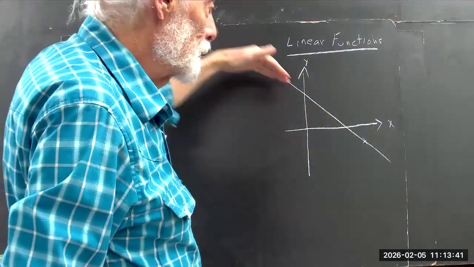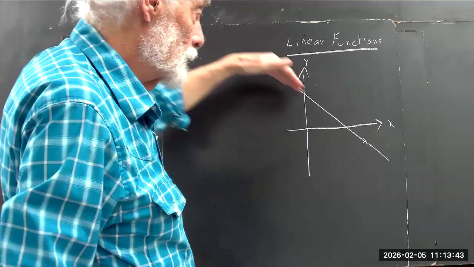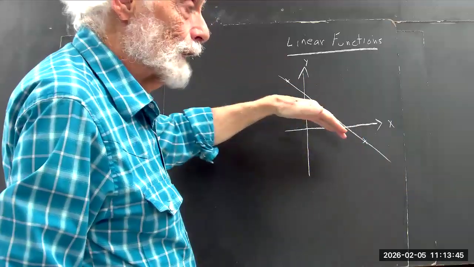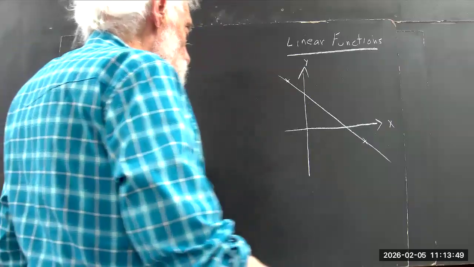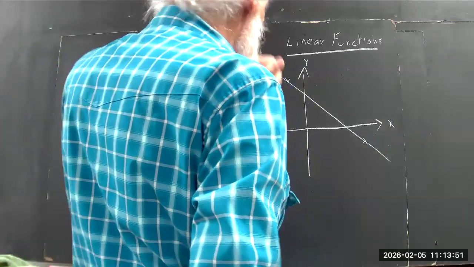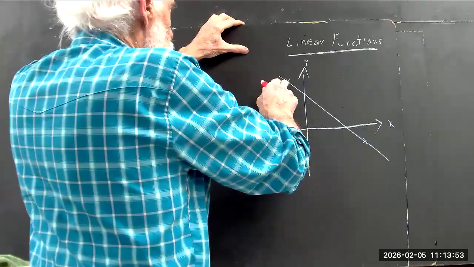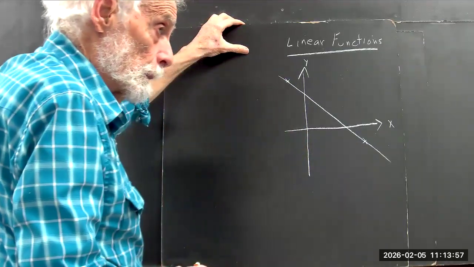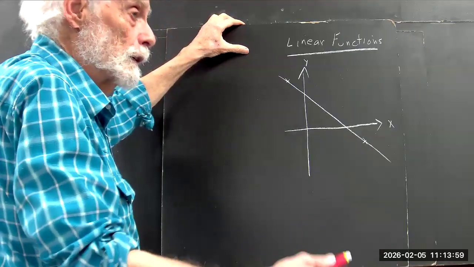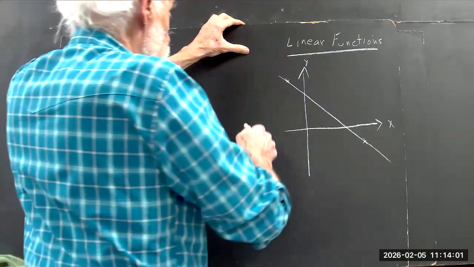And slope just means steepness basically, but we're going to make a little better definition. Now, whatever the coordinates of these points are, we can calculate the slope easily if we know the coordinates.